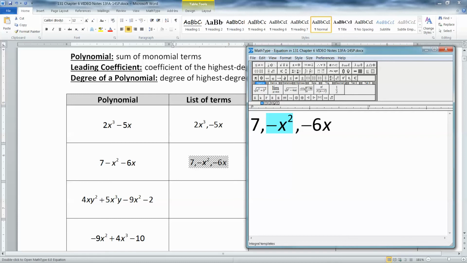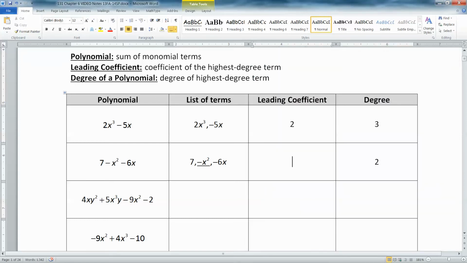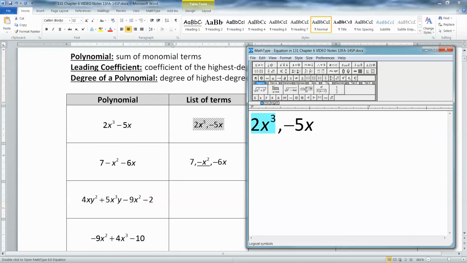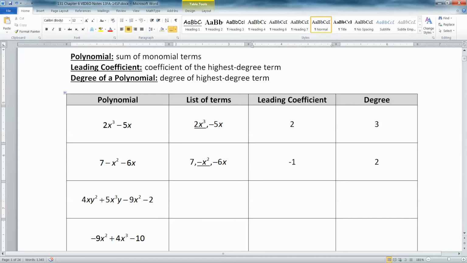And while I'm at it, not only does it have the highest degree, it has the leading coefficient, which in this case is -1. Matter of fact, I'm going to underline the highest degree term so you can see it a little bit better. Right there. So there we go.